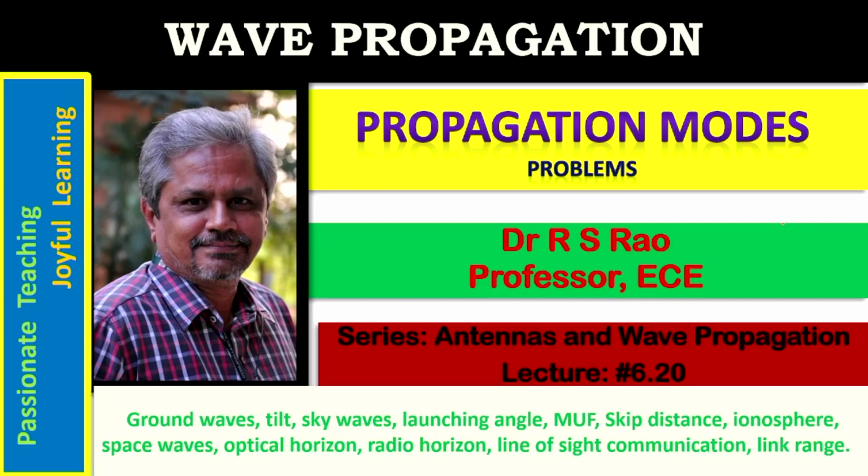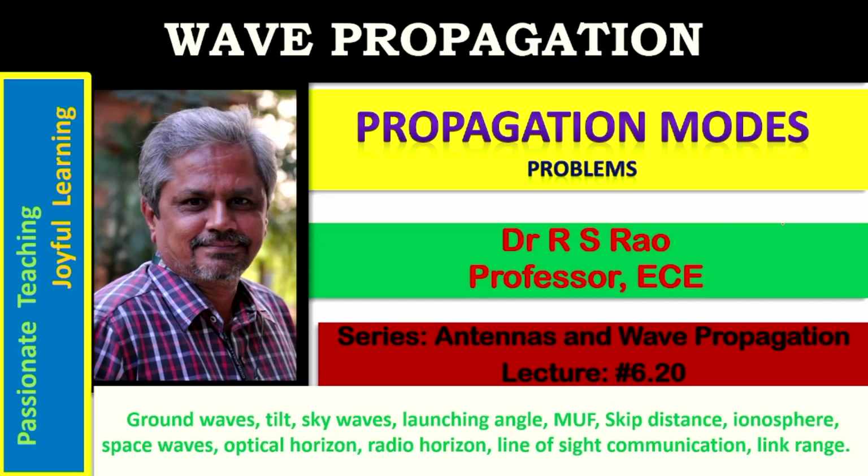When the frequency of the wave is below the HF band, then usually the wave takes the form of a ground wave. When the frequency of the wave falls within the HF band, the wave travels in the form of a sky wave. When the frequency is above the HF band, the wave propagates towards the receiving antenna in the form of a space wave.